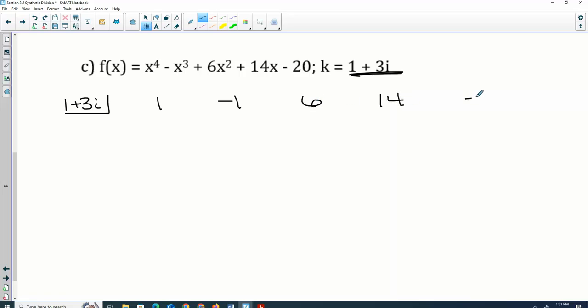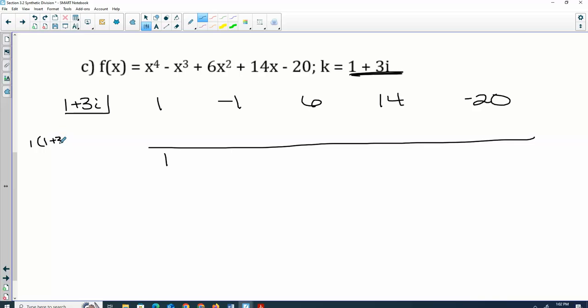Does it not change to negative? It doesn't because it doesn't have the x with it, so I already did the opposite of it. Okay. So first, 1 comes down. Then we multiply. What's 1 times 1 plus 3i? It's -1 plus 1 plus 3i.